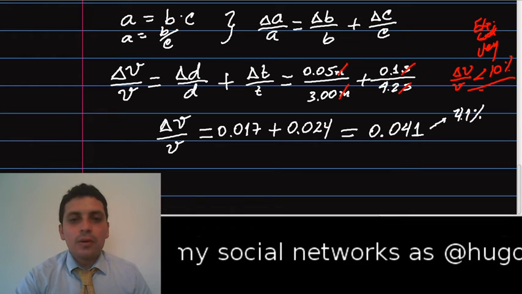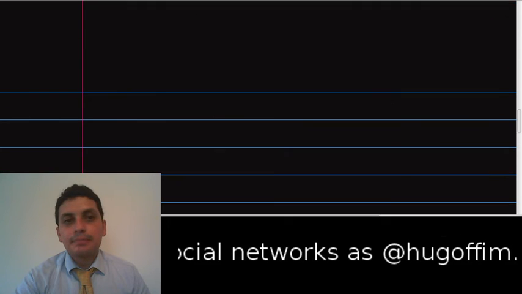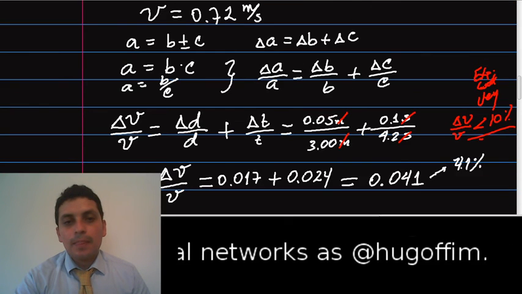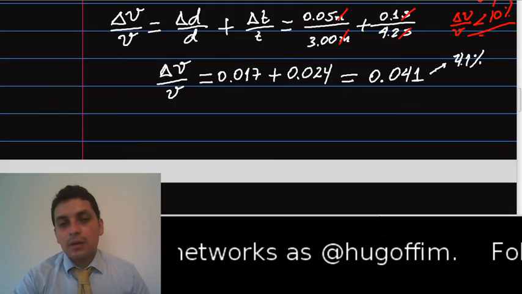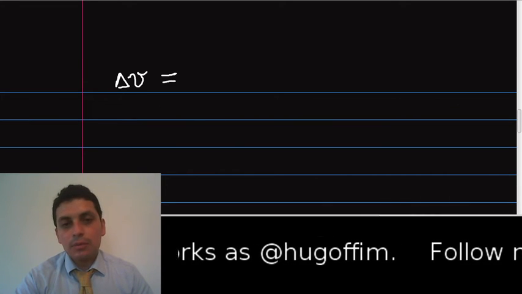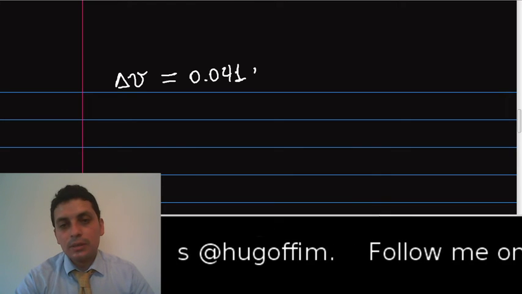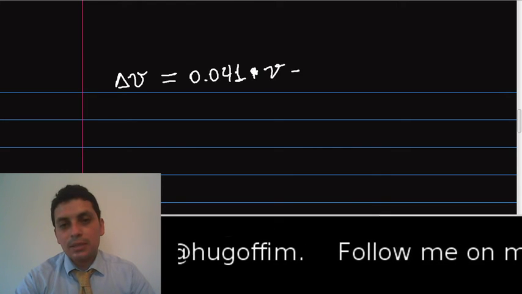Now we're going to move to get the value of the absolute uncertainty. The absolute uncertainty will be the relative uncertainty, in this case 0.041, times the velocity.